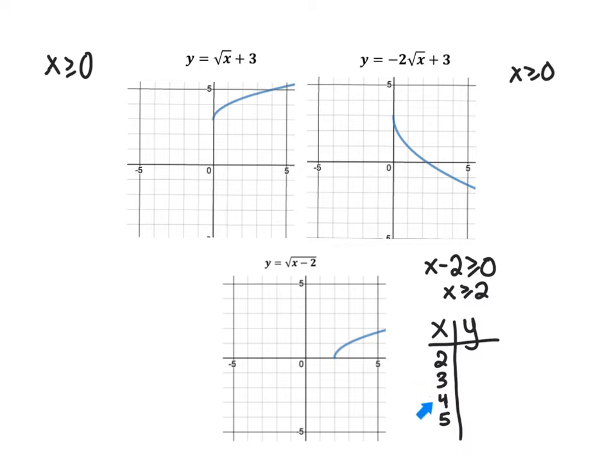For example, I would have to take the square root of 4 minus 2, or the square root of 2. That's not so easy to graph. So I want to be logical about what numbers I pick so that I can get a nice, friendly output. Also, although these arrows aren't drawn in, these square root functions continue infinitely in one direction.